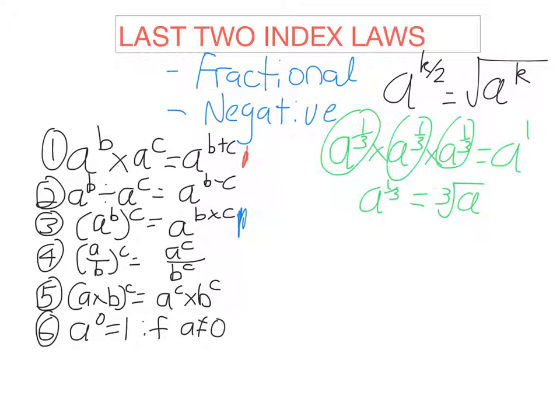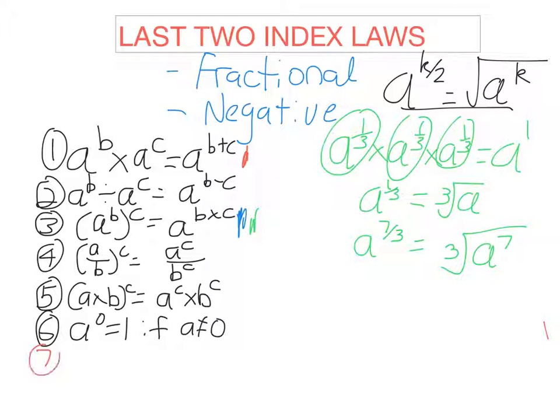And just like the trick that I've shown up here, if I had something like a to the, let's say, 7 on 3, by the third index law, that would be the cubed root of a to the power of 7, okay? So we're ready now to write a general rule. So I'm going to write the second last index law.